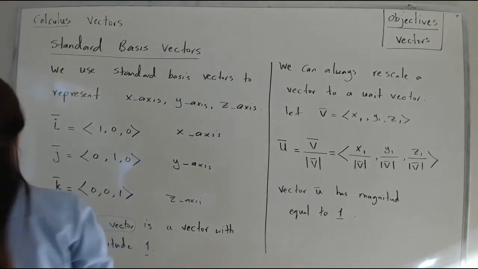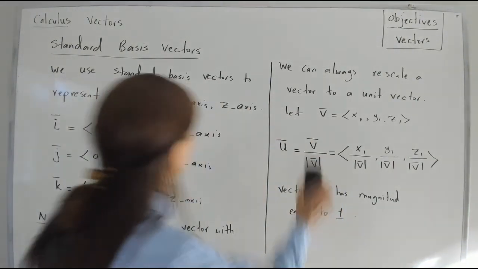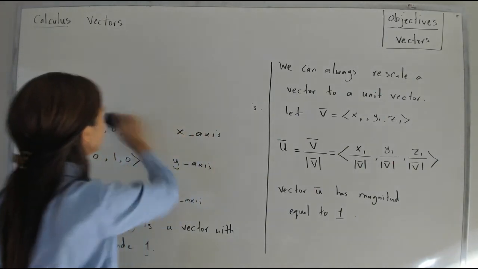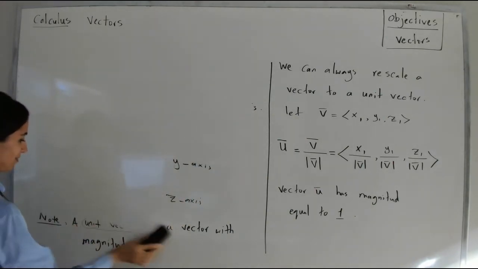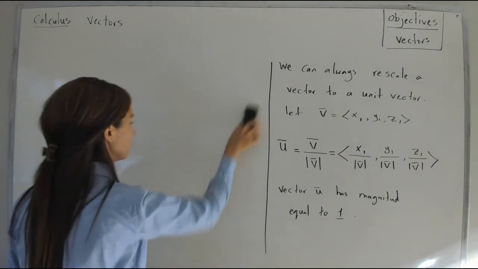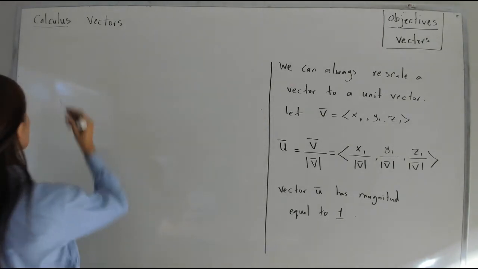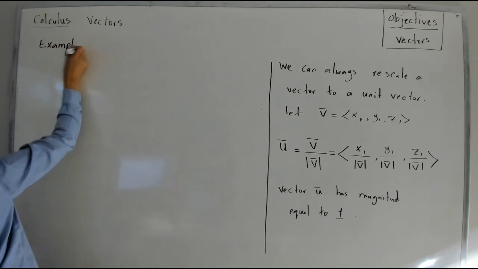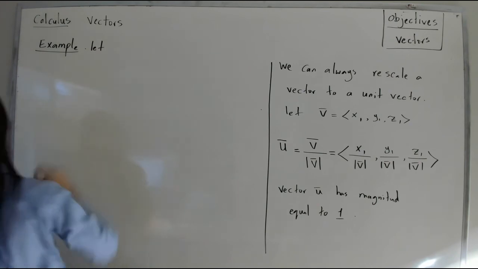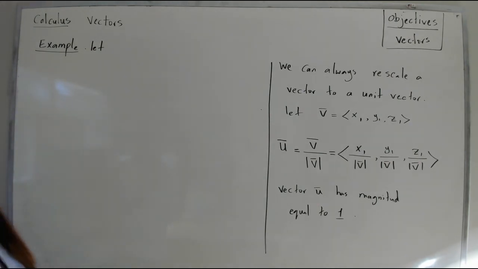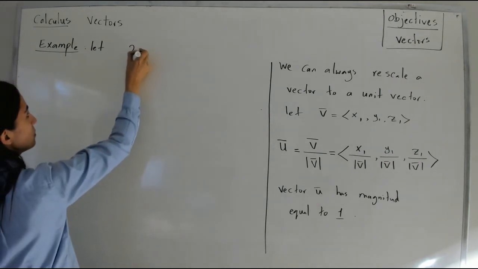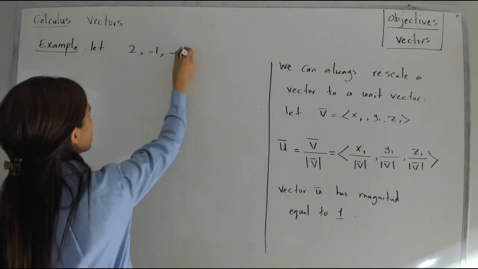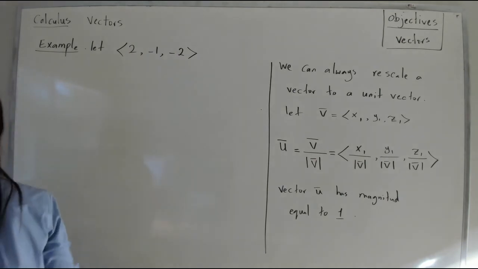Let's go over one example to feel more comfortable about rescaling a vector. Example: the vector 2, minus 1, and negative 2. This is our vector.